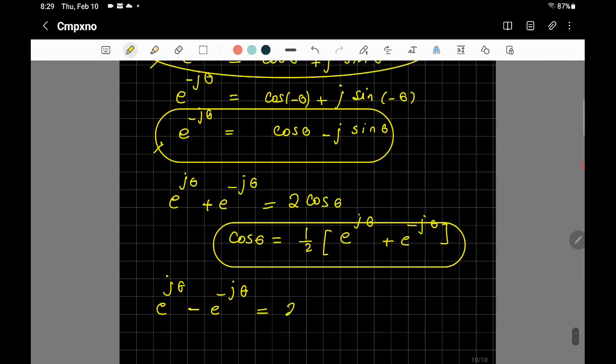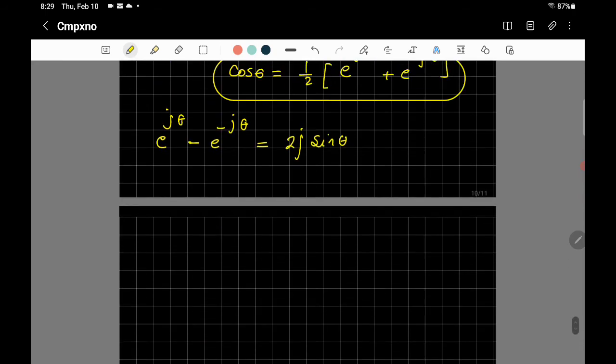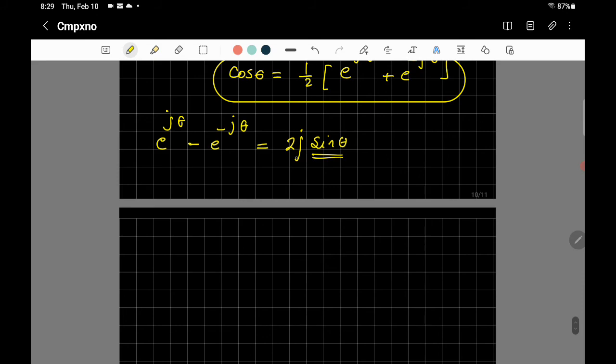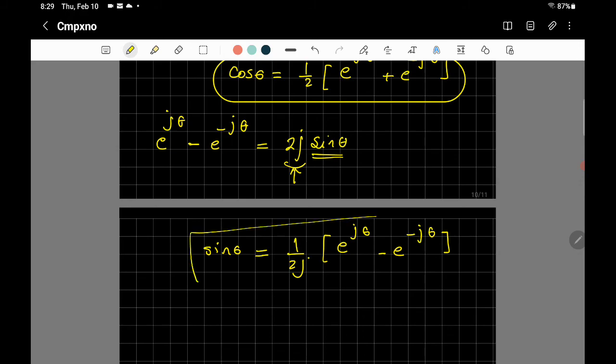So how do you find sine theta? You divide by 2j both sides. So sine theta is equal to 1 over 2j times e to the power of j theta minus e to the power of minus j theta. And that will be the expression for sine theta.